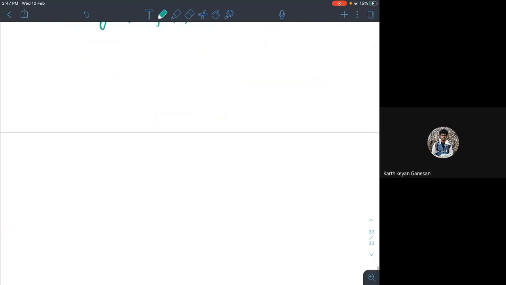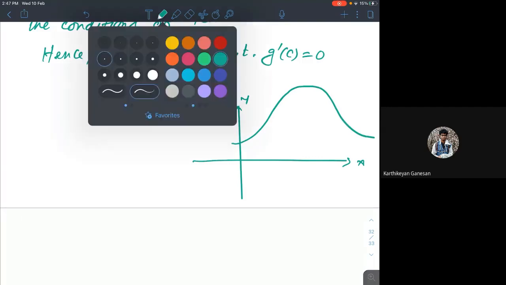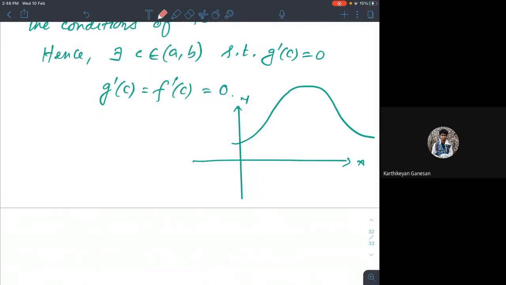Yeah, next thing is, so again in this case also the picture is something like this, and let's say this is A, this is B. So at A and B they are equal, right?